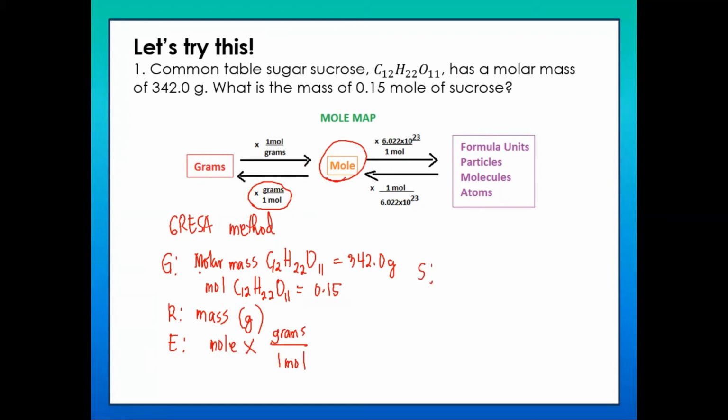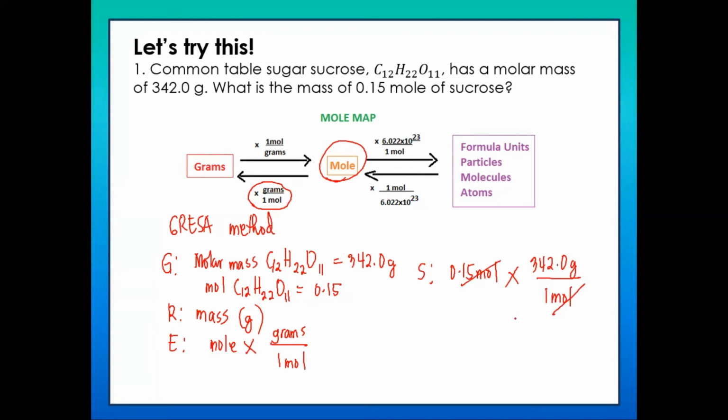So substituting the given, for our mole, we have 0.15 mole, multiplied to the grams here, that came from the molar mass of your sucrose, which is 342.0 grams, divided by your 1 mole. Okay, so cancel similar units.